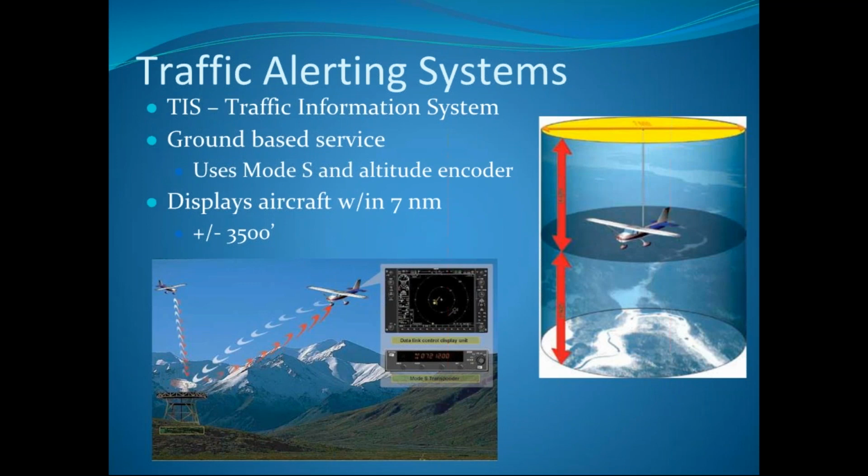It displays aircraft within 7 nautical miles, plus or minus 3,500 feet from your position. So, a total of 7,000 feet and within 7 nautical miles of your position.